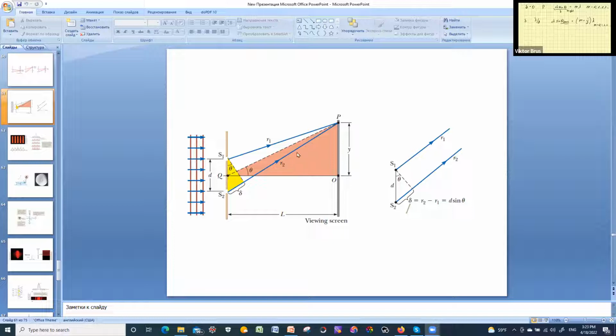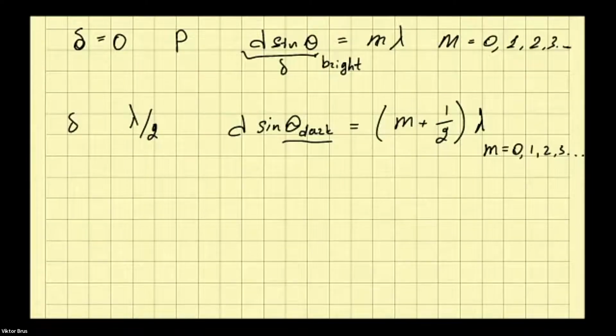And if we want to define the linear position of point P, which is Y, and relate it with theta, we go for tangent theta is equal to Y divided by L, where Y is the linear position of the observing point on this viewing screen.